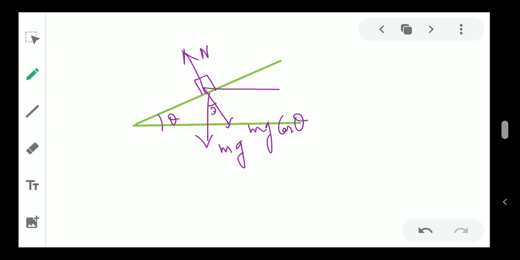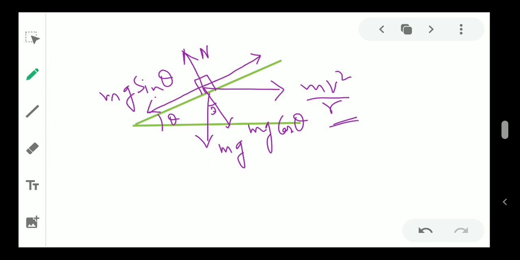My mv square by r was working in this direction, and mg has one component working in this direction, which is mg sine theta. To counteract mg sine theta, one component of mv square by r is also working, and this is theta, so this is mv square by r cos theta.